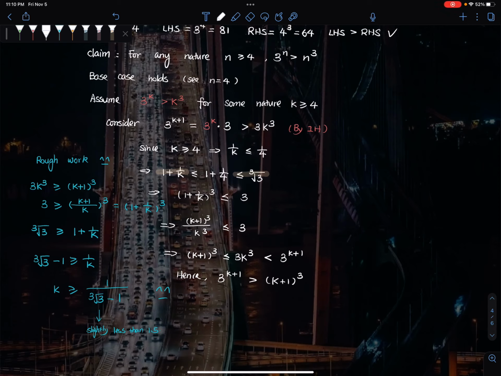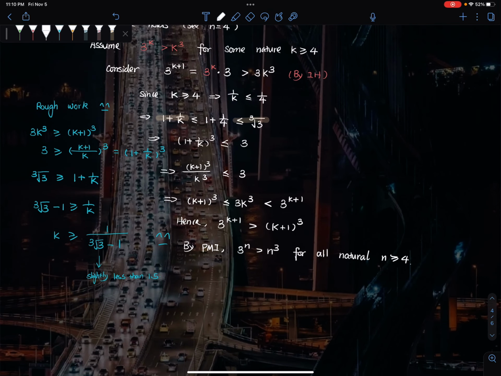Okay, so by the principle of mathematical induction, 3^n is greater than n^3 for all natural n greater than or equal to 4, but that's not our conclusion. Combine with above.